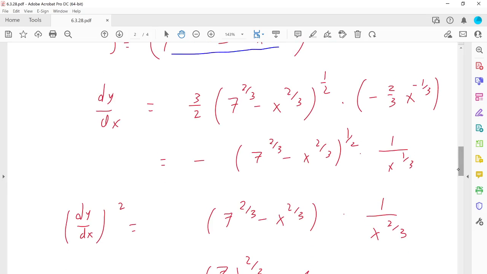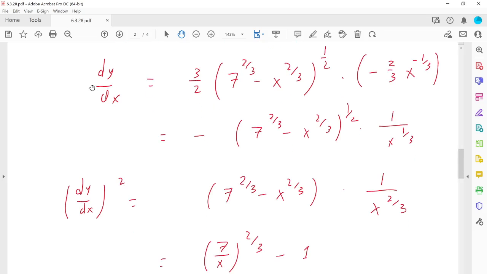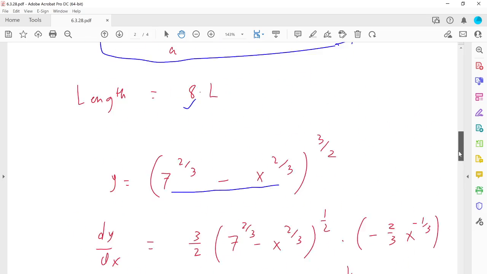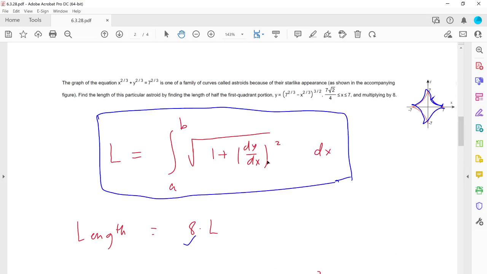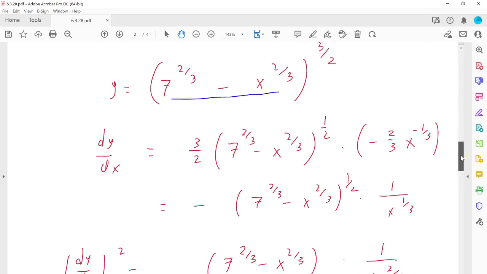Now just the simplification. This 2/3 and this 3/2 will cancel out, but you still have a negative sign. And this expression, x to the power negative 1/3, can be written as 1 over x^(1/3). So now we need the square of this expression to use in this formula. We're just squaring that value.